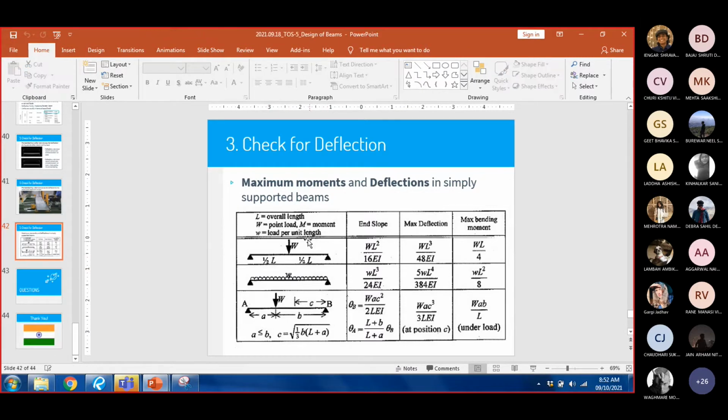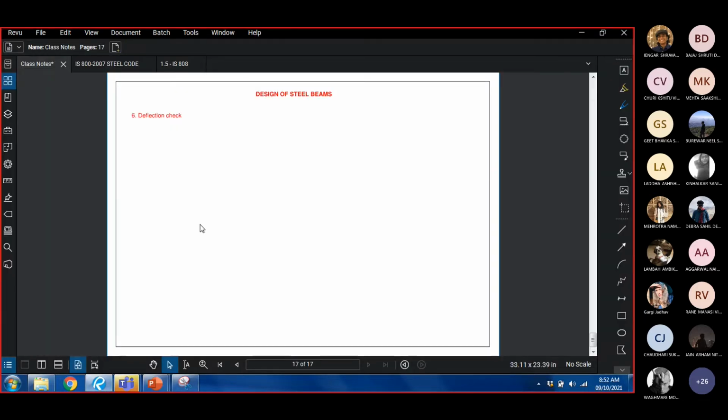For a point load, the maximum deflection is WL cube upon 48 EI. For a UDL, the maximum deflection is 5 by 384 WL power 4 upon EI. This is something that you will have to remember. But just for our reference, pasting it here.